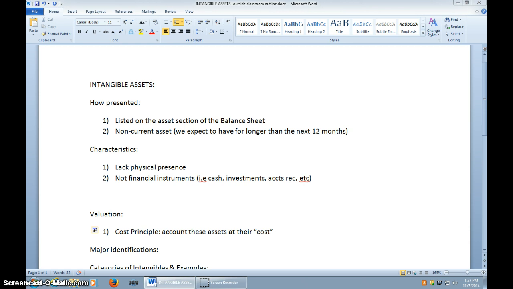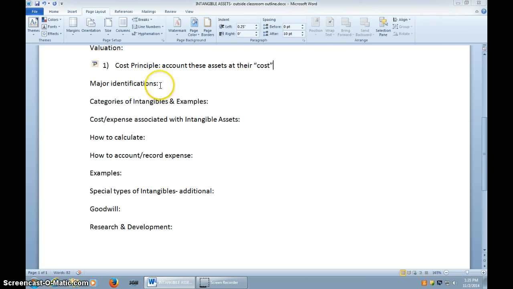And we don't care about any other value, fair market value, tax value, liquidation value. We don't care about any of those other values. We care about what the asset cost us. Okay, so we're going to account for these assets at what they cost us.